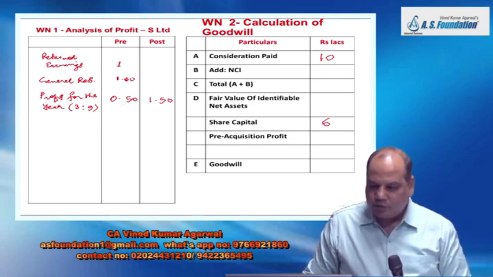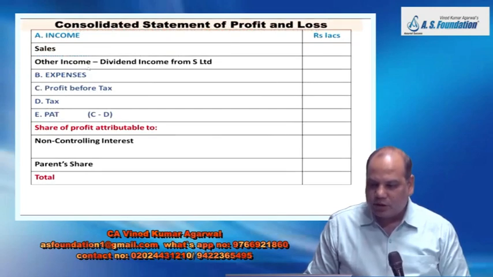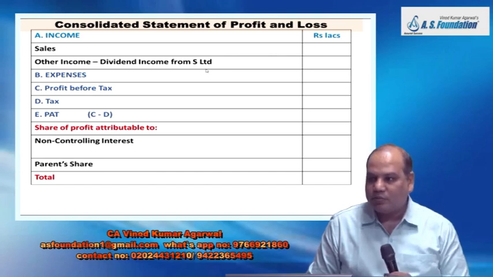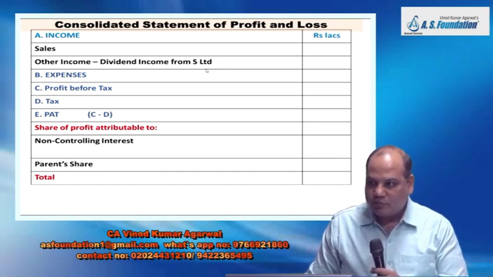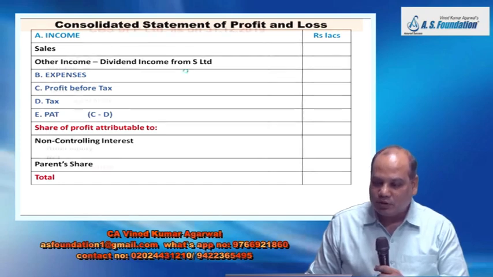Dividend paid, I will not first deduct and then add back. Is it right? Out of this dividend paid 0.60, 0.48 we will deduct from other income and NCI share will deduct from NCI. Parent company share will deduct here only. And NCI share will deduct in SOCIE.